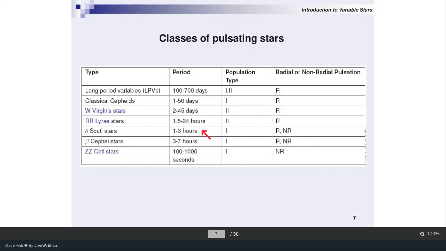And they are mostly population 1 stars, quite new. There is more metal abundance, heavy element abundance, in Delta Scuti. And Delta Scuti and the Beta Cepheids both show radial and non-radial pulsations. Let me show you in the next few slides what radial and non-radial pulsations are. So this is just a general idea about variable stars, pulsating stars.